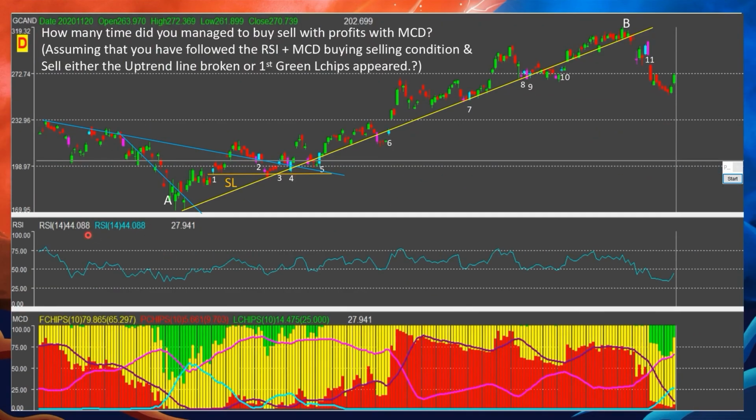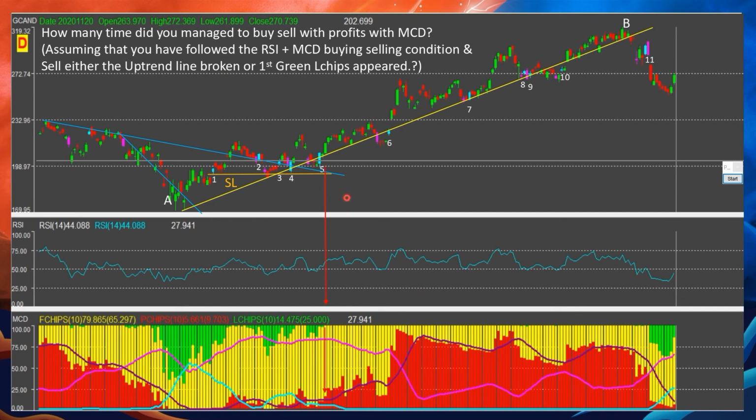Now, let's look at this. Using multicolor dragon, how many times do you manage to buy, sell with profits, assuming that you have followed the RSI plus MCD buying selling condition? Now, MCD stands for multicolor dragon, and we sell when either the uptrend line is broken or the first green log chips appear.